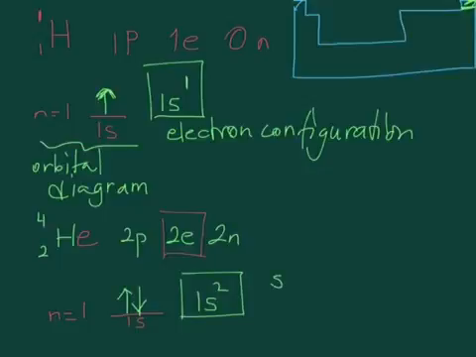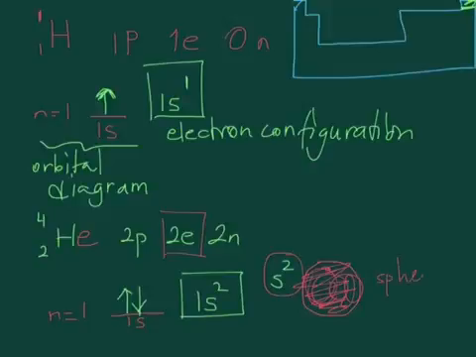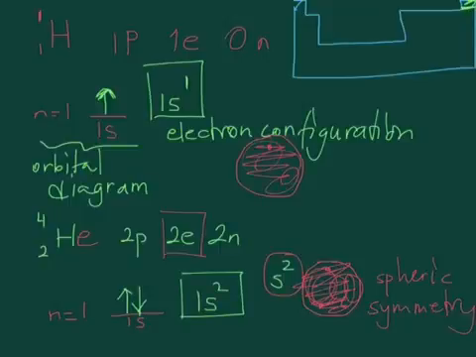And s2 shows that the s orbital has a spherical shape and the 2 electrons are moving in the s orbital in any direction, but in a balanced, symmetrical way. s2 shows spherical symmetry. Now let's look at the previous atom, which is hydrogen. In hydrogen, the s orbital, which is a spherical orbital, is filled with 1 electron, and it is moving in all directions also.